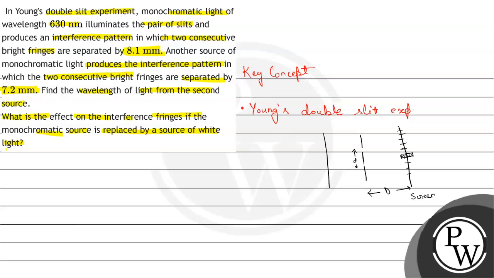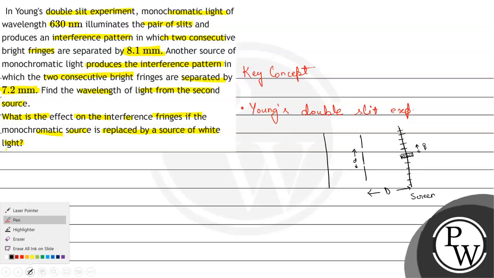So this was observed in Young's double slit experiment, and the distance between each white spot is called beta, which is the fringe width, which is being asked in our question.